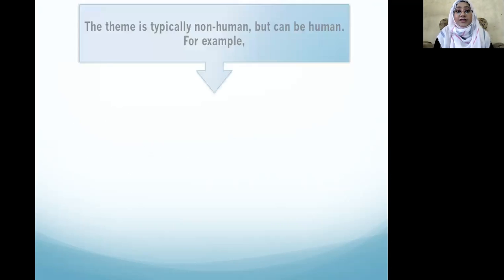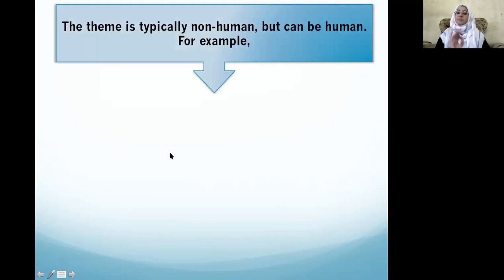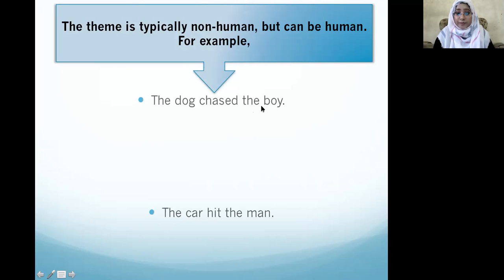Okay, now let's see the theme. The theme is typically non-human, but sometimes it can be human also. For example, in the sentence, the dog chased the boy, the dog is non-human, the boy is human, and the dog is the doer here. He is chasing the boy. So the dog is the agent and the boy is the theme.